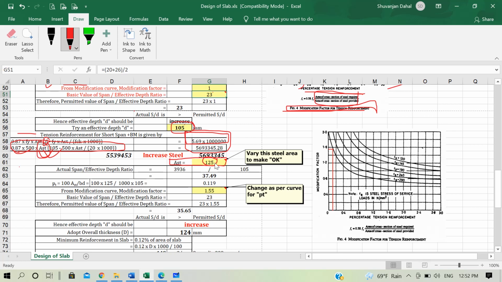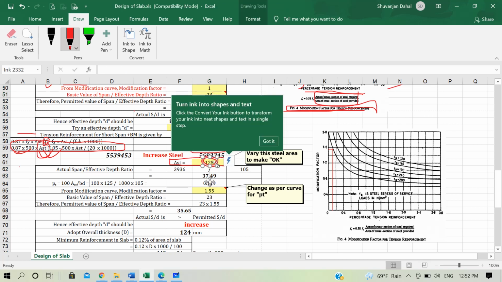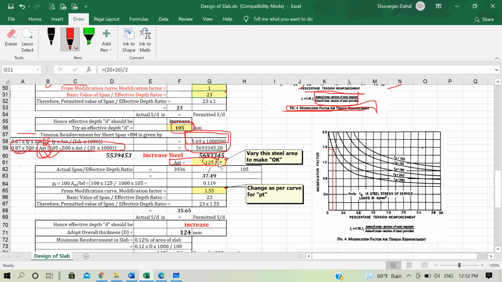I have 125 here. Suppose what I'm getting using this 125 is that this capacity is less than this bending moment. See here, this bending moment value is 5693345 Newton millimeter and here 553. So this capacity is less than the bending moment.